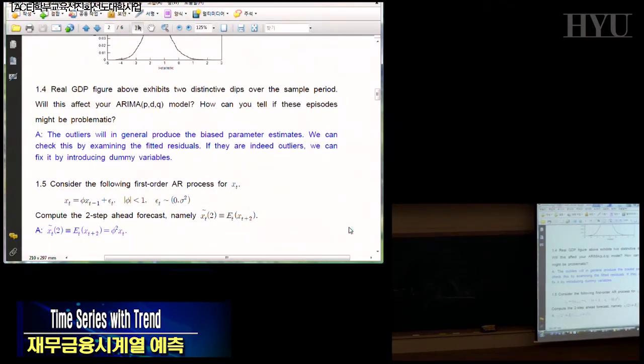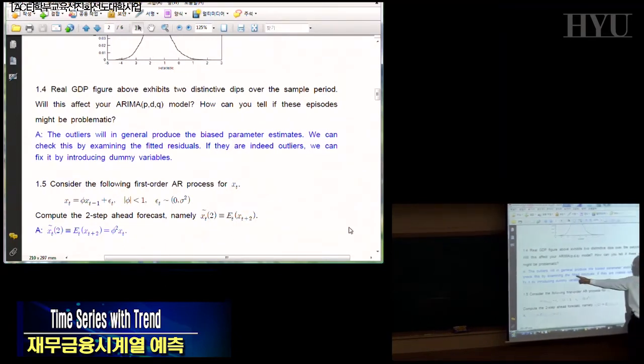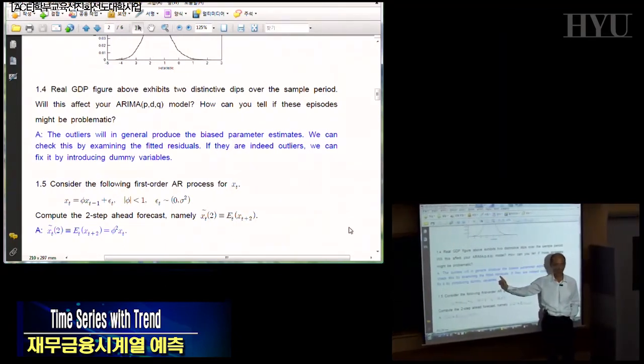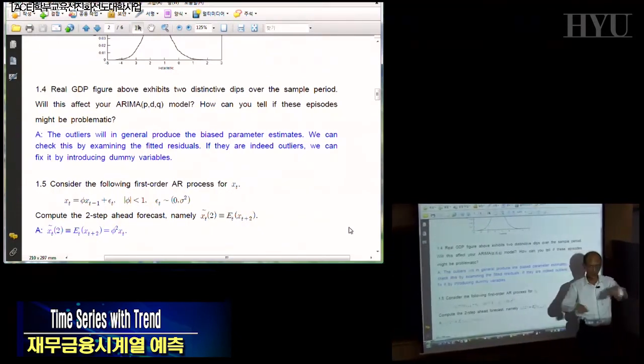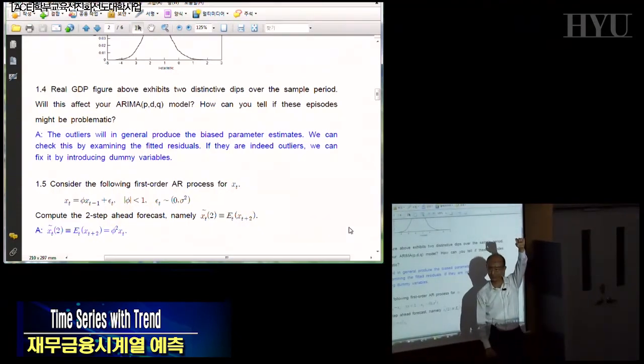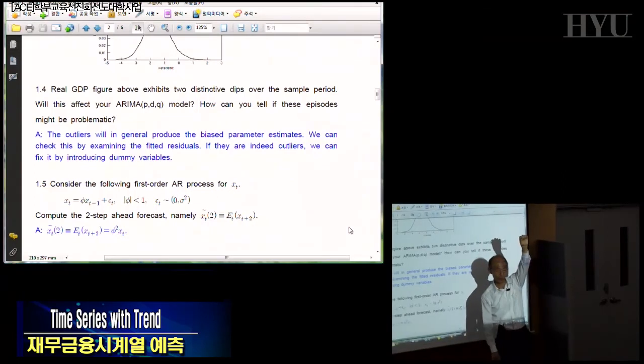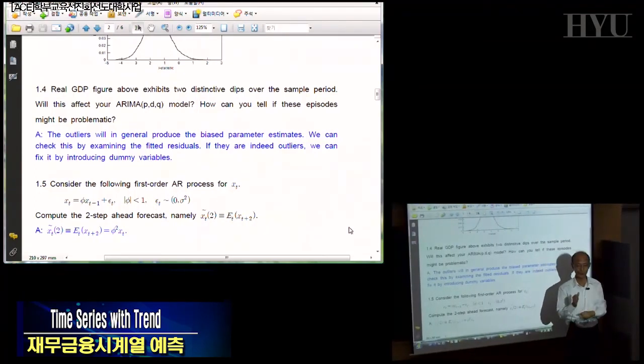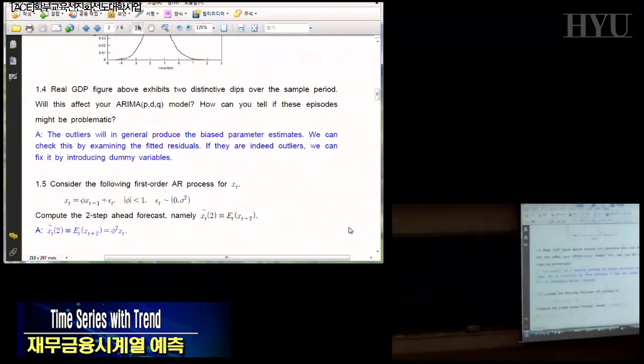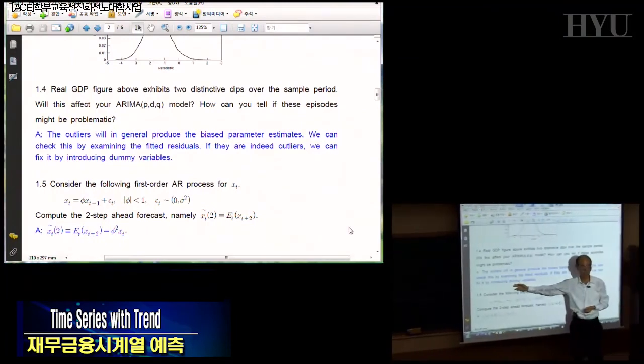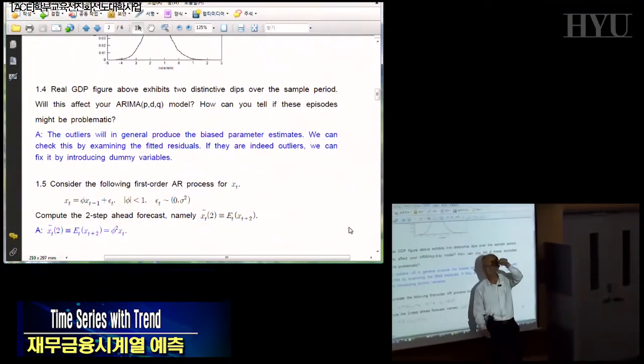And our remedy discussed in class is check your fitted residual, okay, and see if there is anything big, right, above or below, and try to introduce dummy variable that explain that particular period.